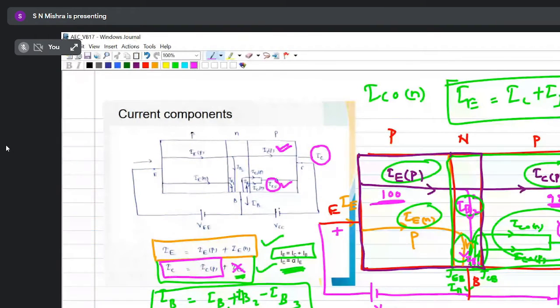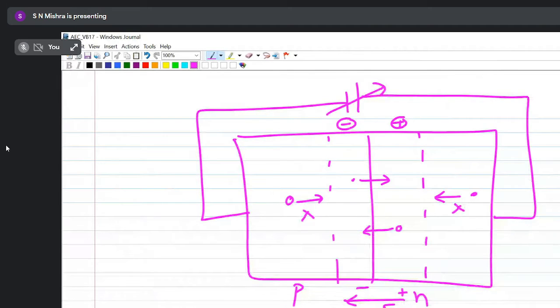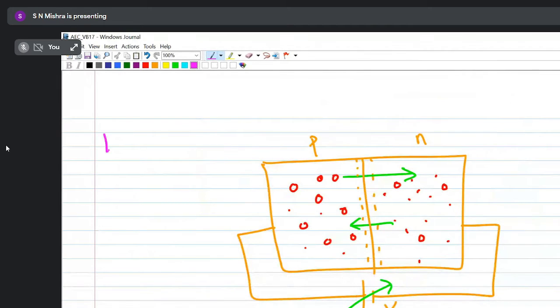And I can write IC equals some fraction of IE. So that fraction is less than 1. That's why when I'm sending 100 holes from the emitter, I'm getting 98 holes.